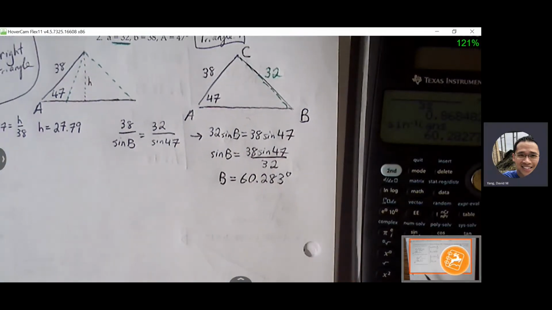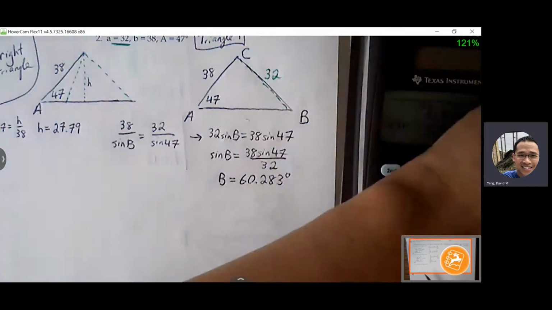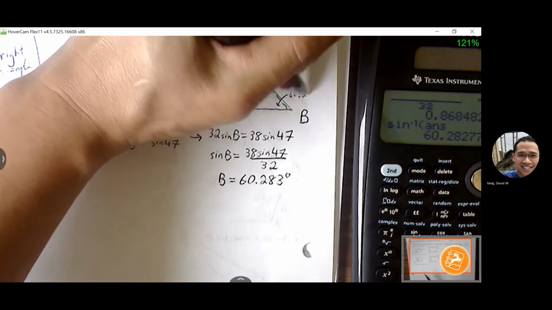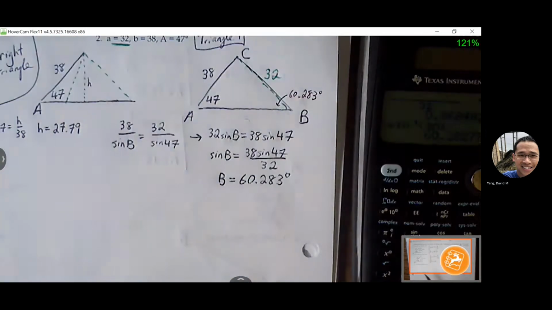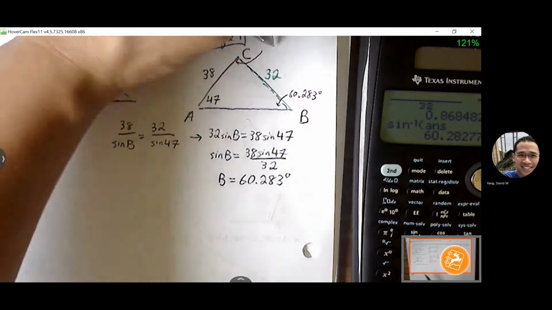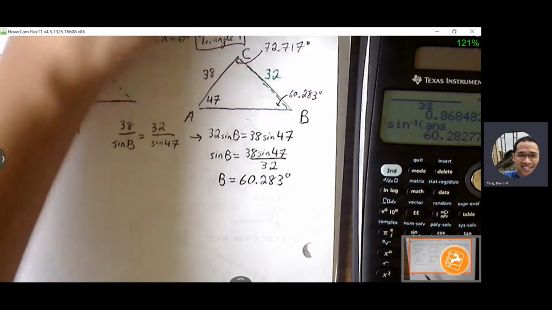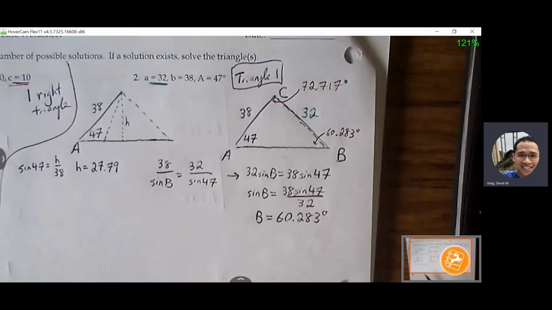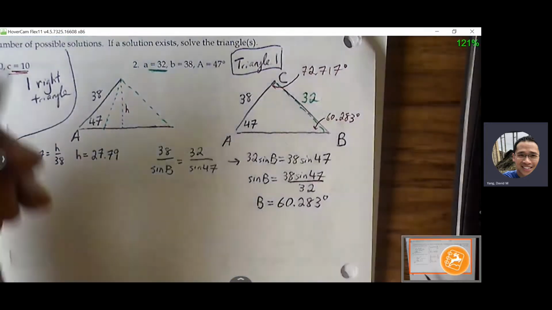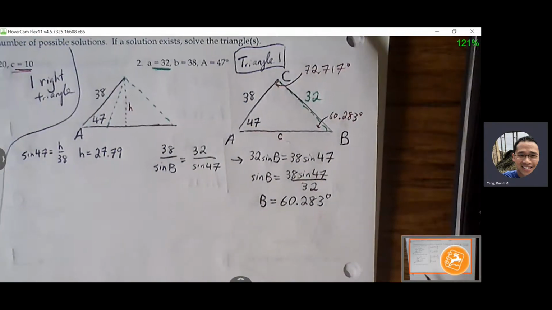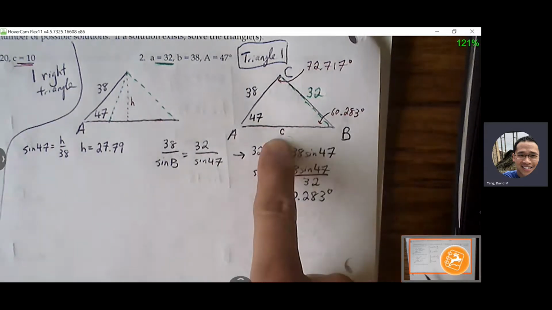Okay, so now it becomes a little bit easier. Subtract from 180 to get that 72.717 degrees. And now the final step for this triangle is to find that missing side. And now it's just going to feel like what you did on the quiz, where you set up law of sines and you're just trying to find a missing side.